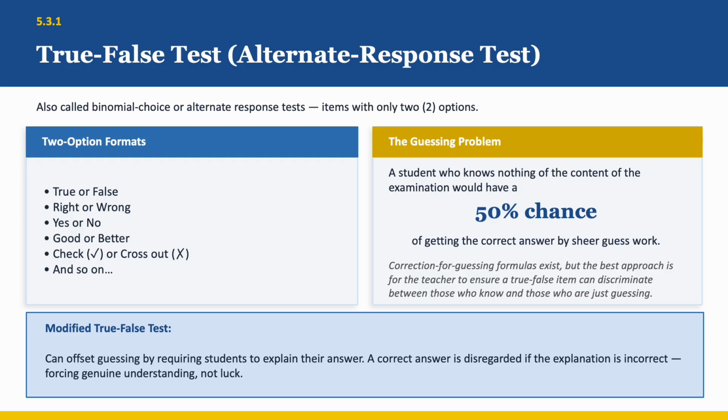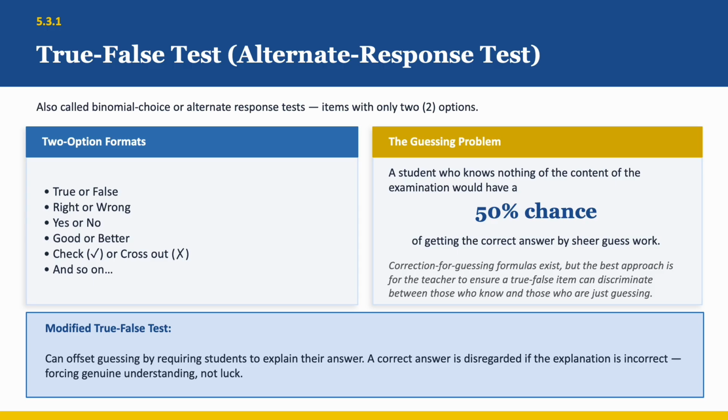If you randomly answer a 20-item true or false test without reading a single word, just flipping a coin, statistically, you'd get 10 items right. That's 50%. That's a passing score in some grading systems.